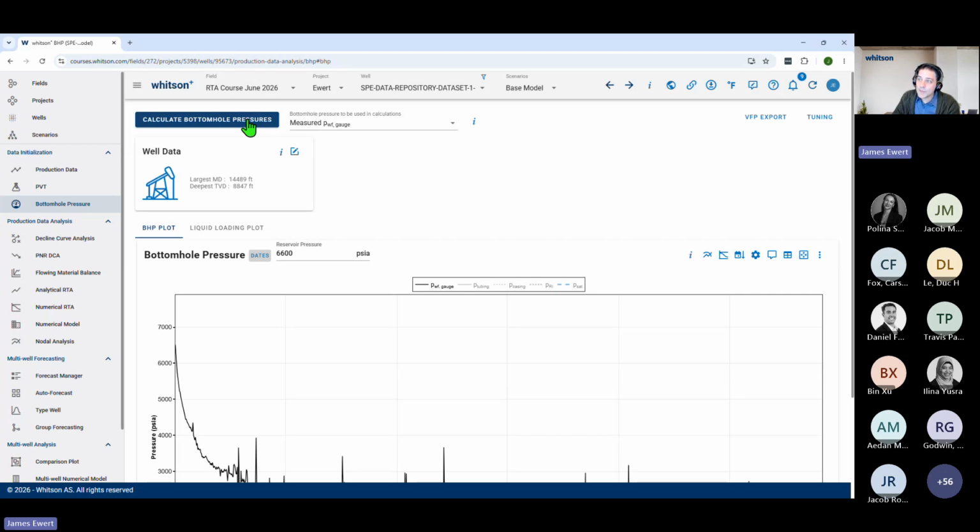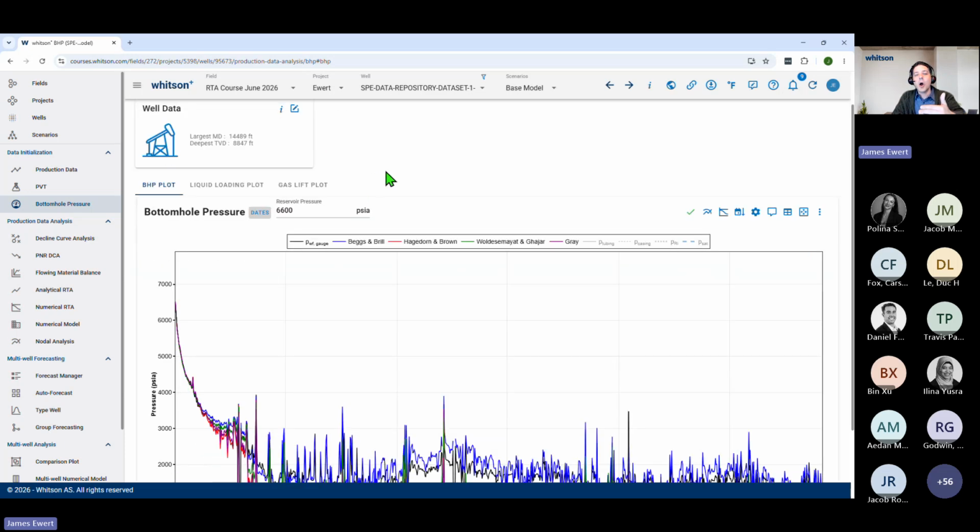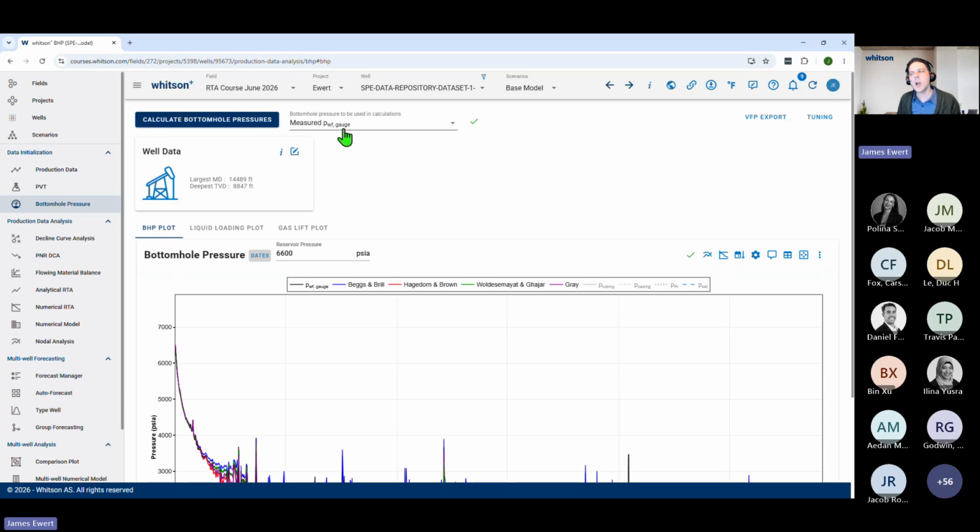When I click on the button at the top that says Calculate Sand Face Pressures, the software is actually going to calculate all of these correlations for me. Now, we're going to use the gauge pressure. It's not really a gauge pressure, but it's the bottom hole pressure that was given to the committee when we received this data from the data donor, from the operator. And so we're going to stick with that.